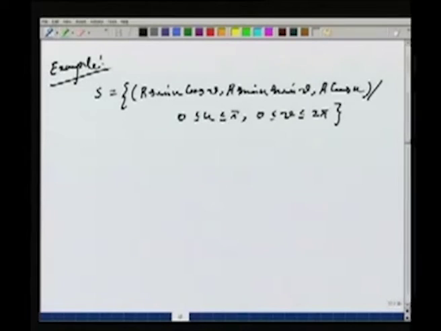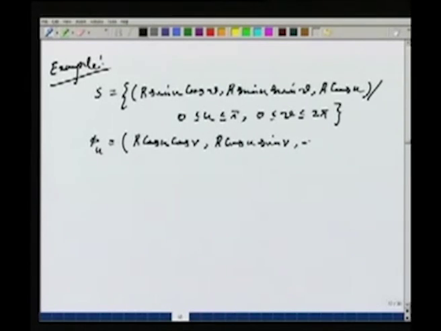So for that, what I need to calculate first is, what is phi u? Well, that is easily calculated. It is r cos u cos v, then r cos u sin v, then minus r sin u, that is phi u.